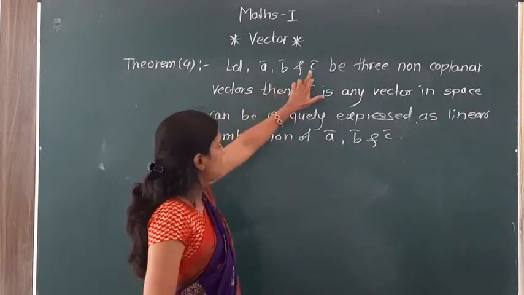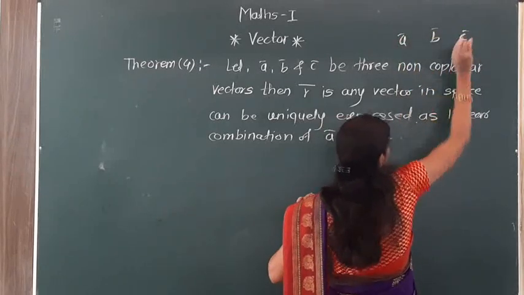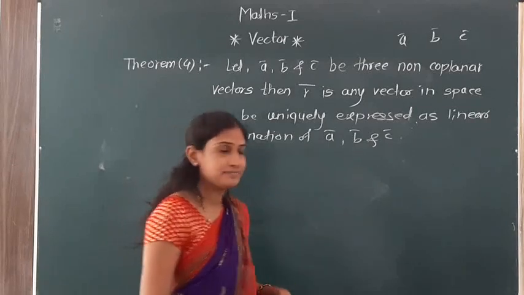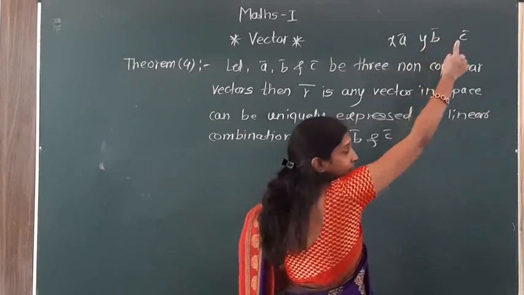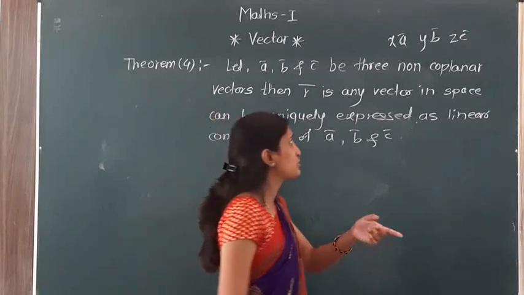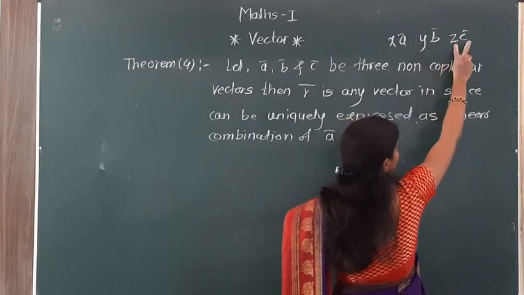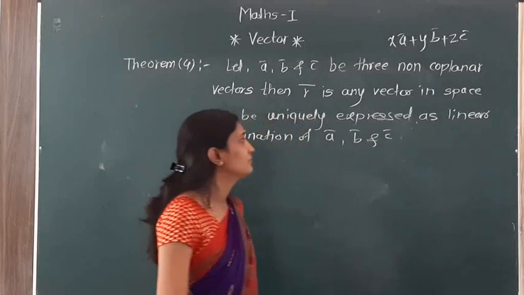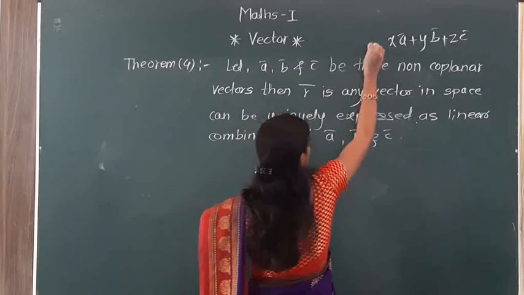If there are vectors a bar, b bar and c bar, and suppose there are scalars x, y, z, then multiplication of x with a bar, y with b bar and z with c bar, and their addition, is a linear combination. Then this is r bar.